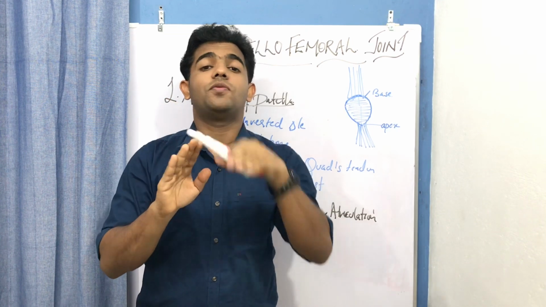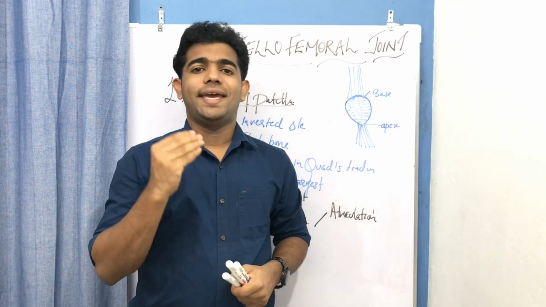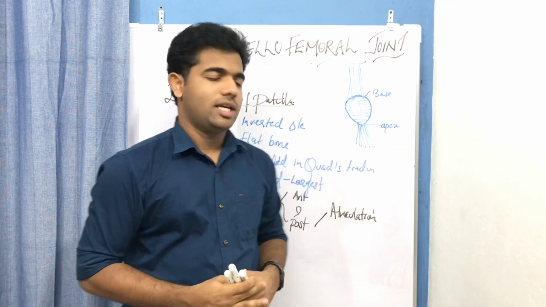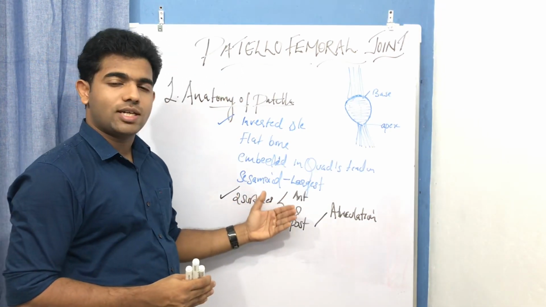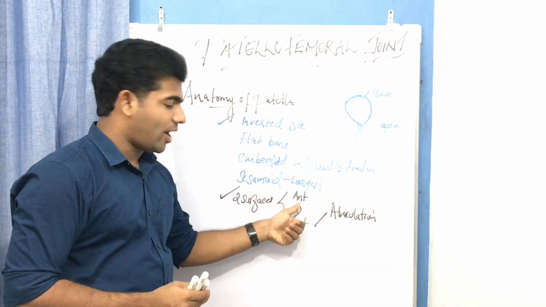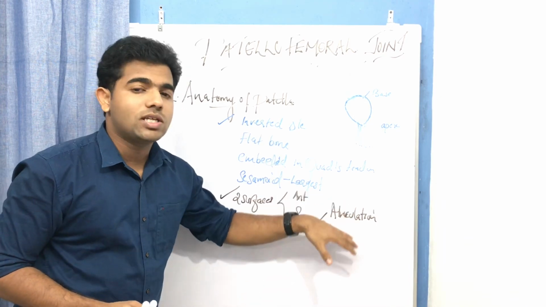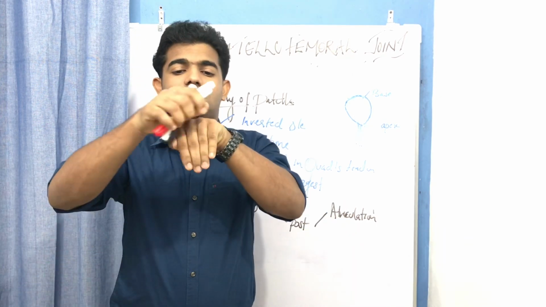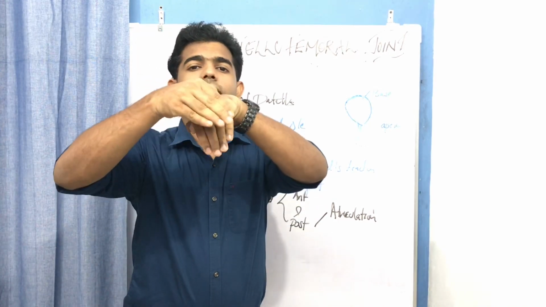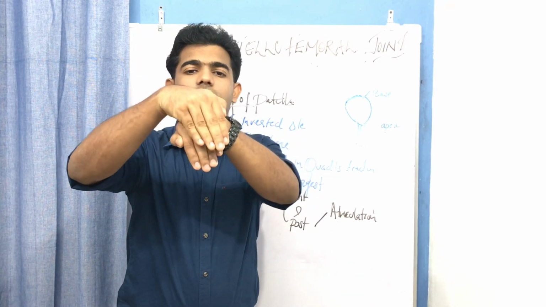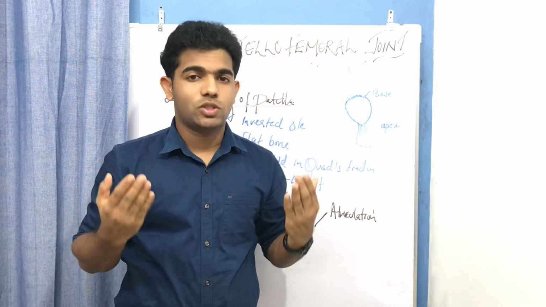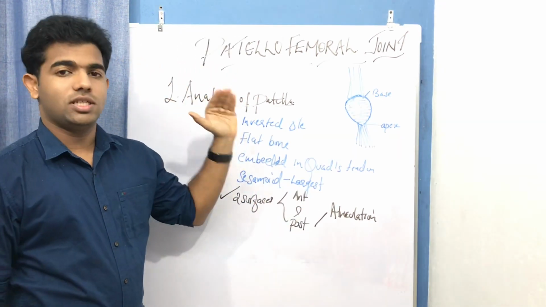The anterior surface is not having any articular role. The posterior surface of the patella is sitting on the femoral condyles like this. There is no anterior surface contact.